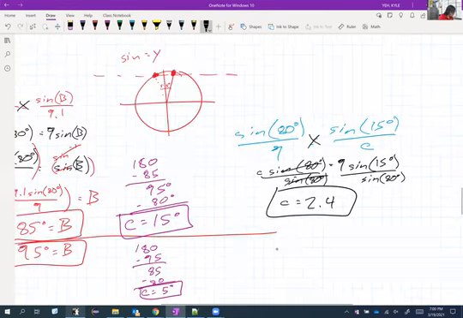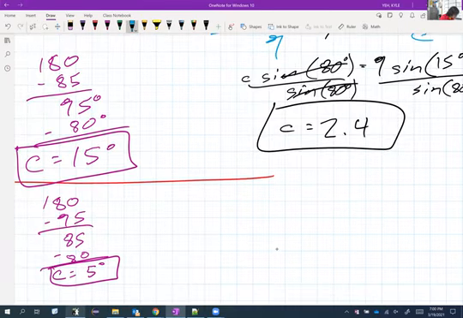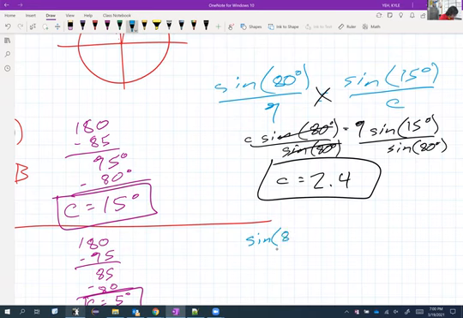So alternate realities, top, because there are two possible triangles. On top, B is 85 degrees, C is 15 degrees, and side length C is 2.4. What about that other possibility though? We'll do the exact same thing, except using our C value of 5 degrees. That is our bottom alternate reality.